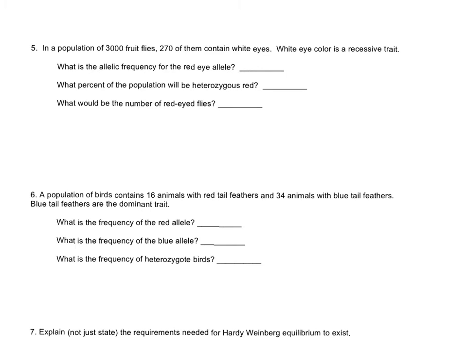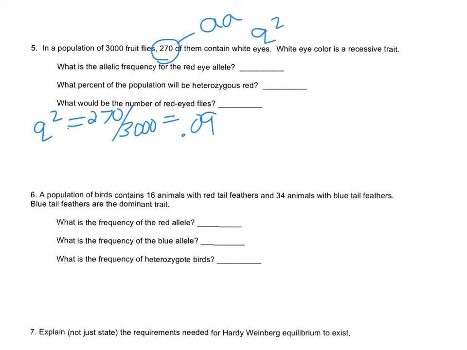Question 5. In a population of 3,000 fruit flies, 270 have white eyes. White is recessive, so I know my 270 is my homozygous recessive, represented by Q squared. So I know Q squared is 270 over 3,000, which is 0.09.